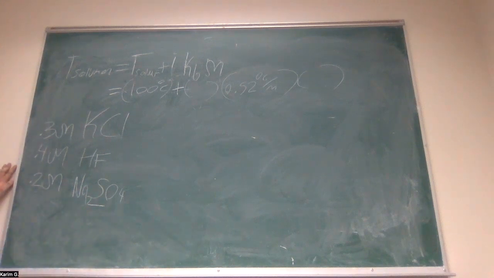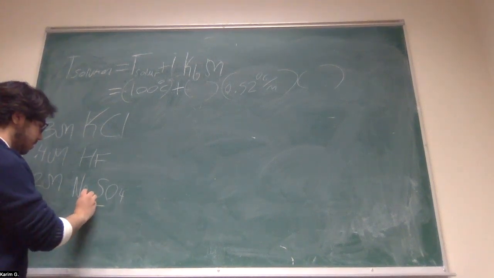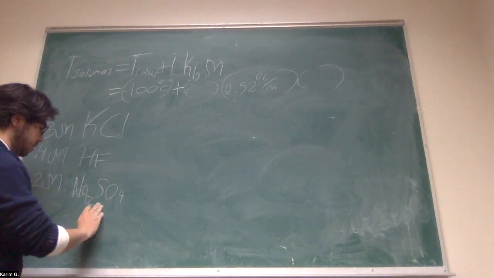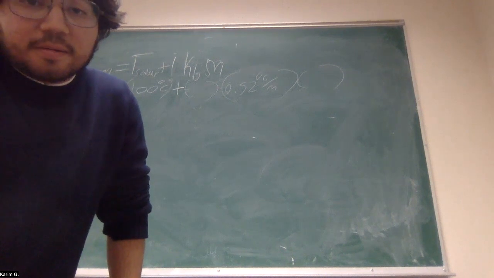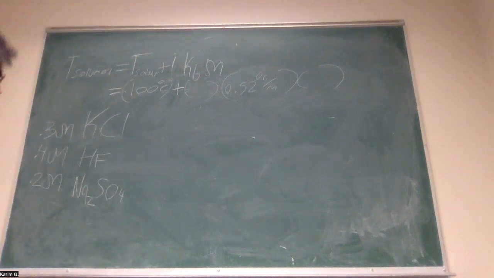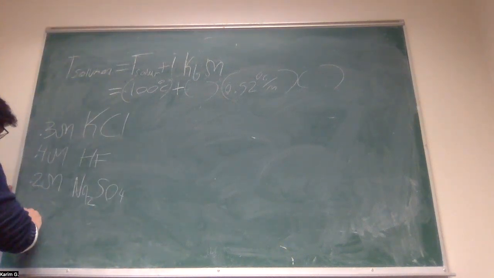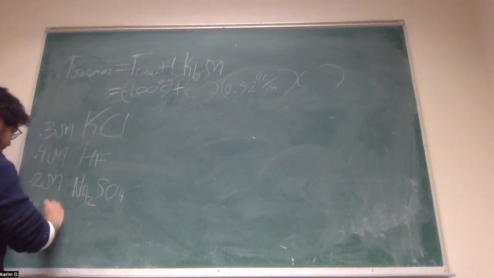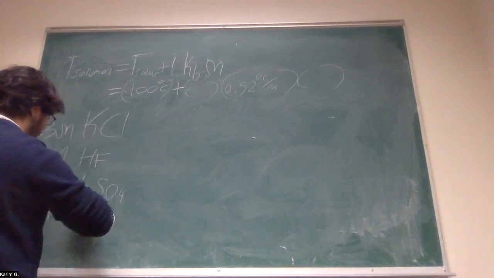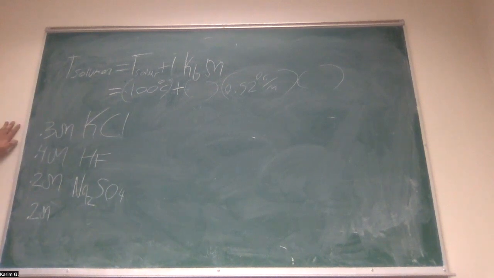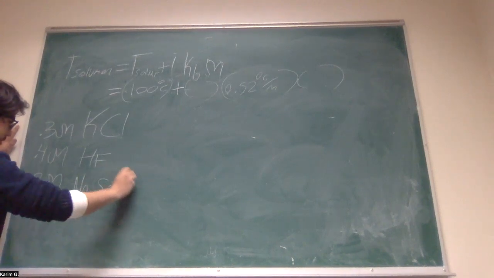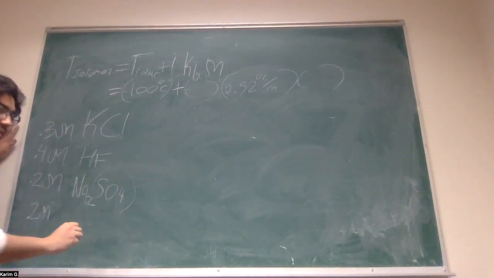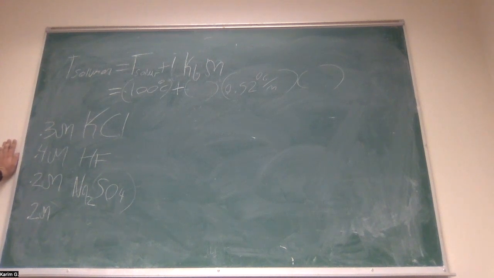Yes, that's important. Okay, and then it's 0.2 aluminum nitrate. How would I write aluminum nitrate?